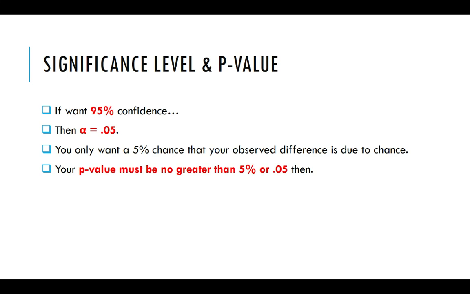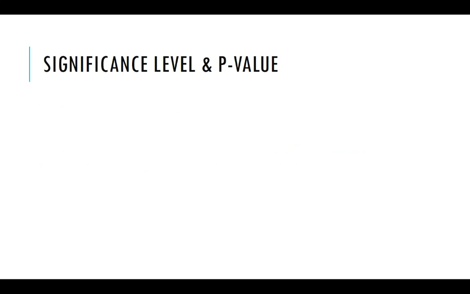So when the computer spits out your p-value, it better not be any higher than 5%, because then you're saying, oh my gosh, the chance is just too big. So I can't claim a significant result. So to conclude a significant result, remember, what do we mean by that? We're going to reject our null hypothesis, right? That mean 1 is equal to mean 2, that the mean for smokers is equal to the mean for non-smokers.